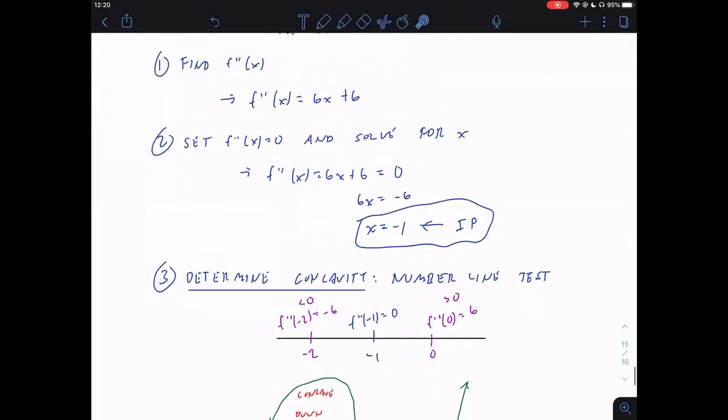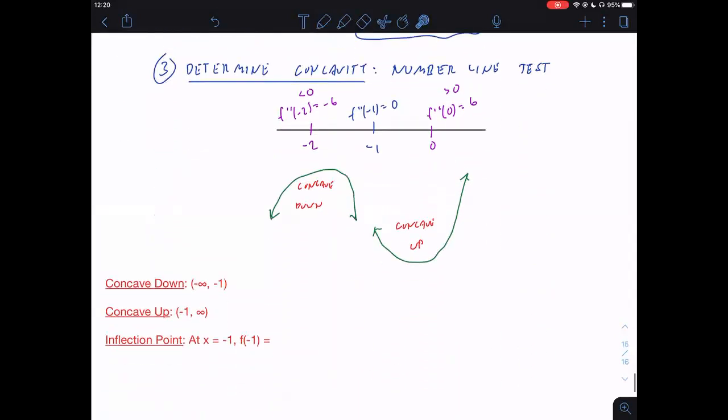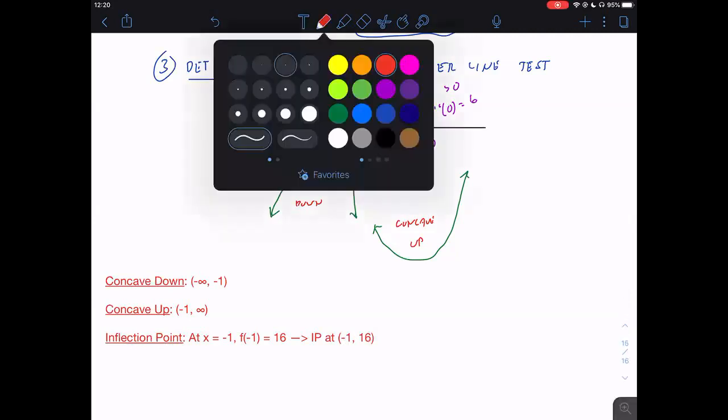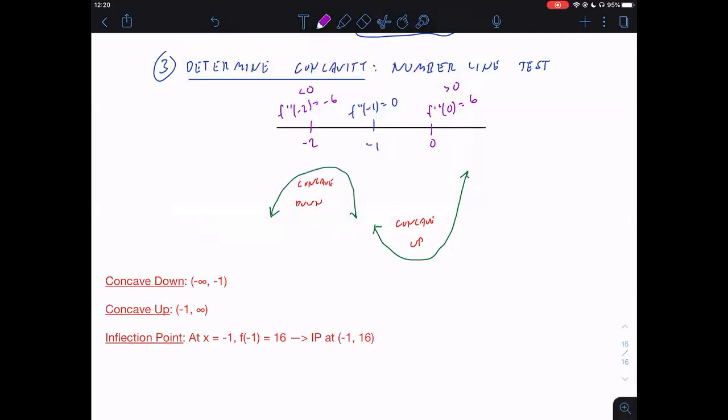And then if we evaluate that correctly, at -1 we should get +16. So our inflection point is located at (-1, 16). All right.